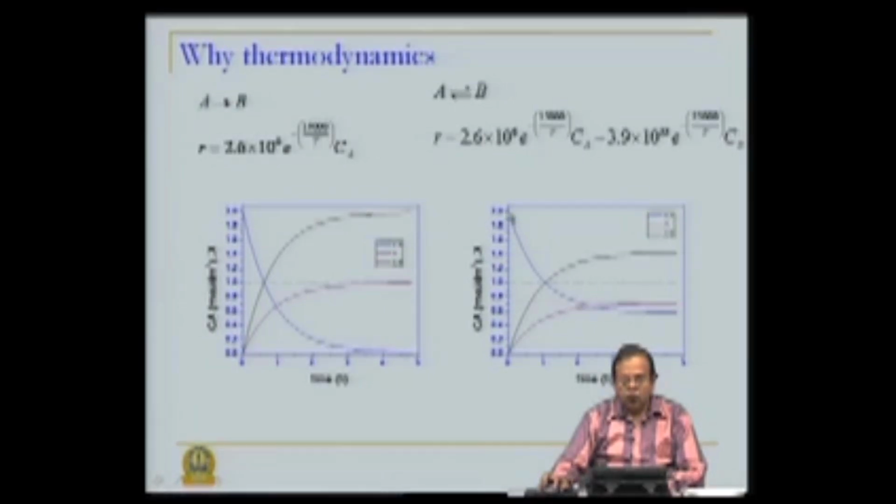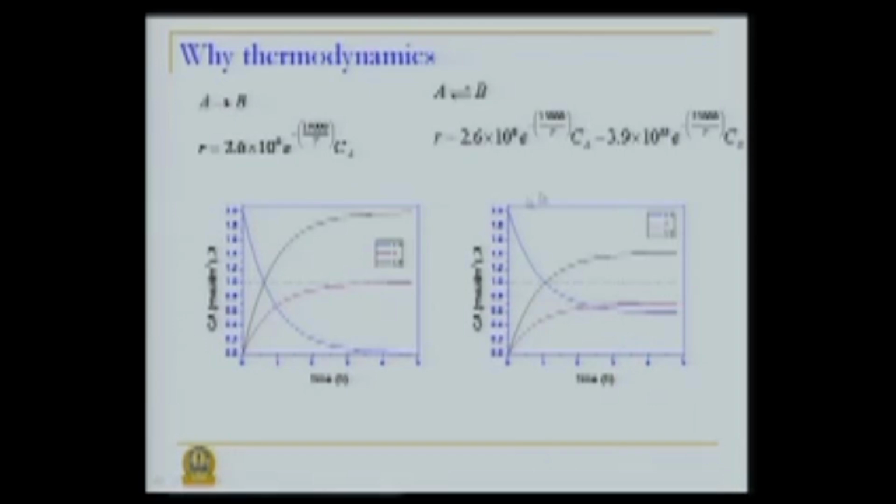So, we have A of 2 moles per dm cube or 2 moles per liter at the beginning of the reaction, and as time progresses it decreases, qualitatively similar to what happened in this reaction.